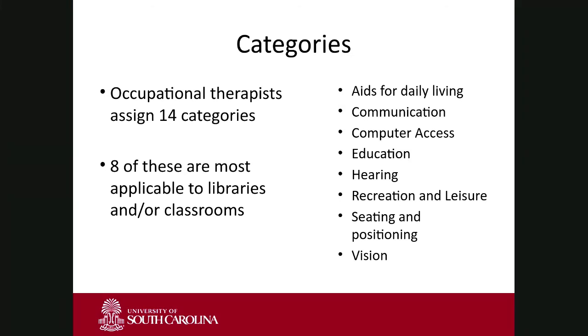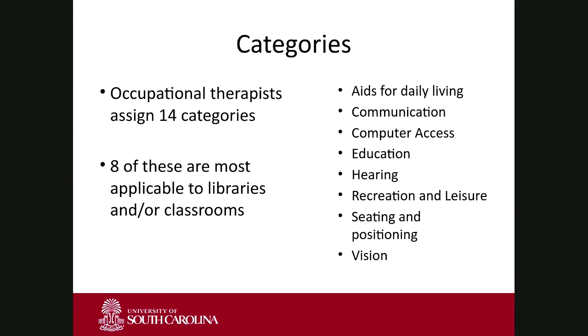But with assistive and adaptive technologies, we have categories. Occupational therapists assign 14 of these. 8 are most applicable to libraries and or classrooms. So aids for daily living, aids for communication or computer access, hearing, education, recreation and leisure, seating and positioning, or vision.